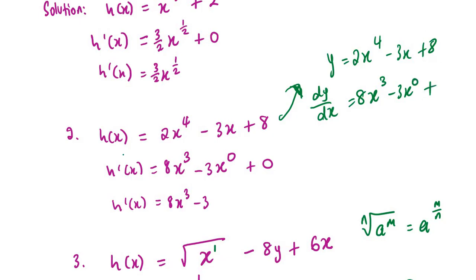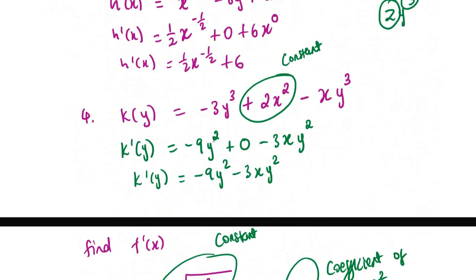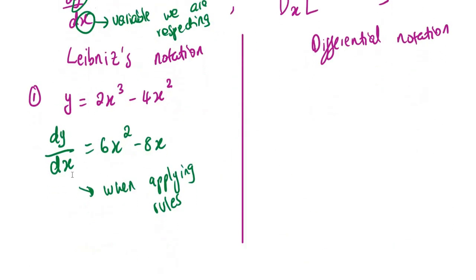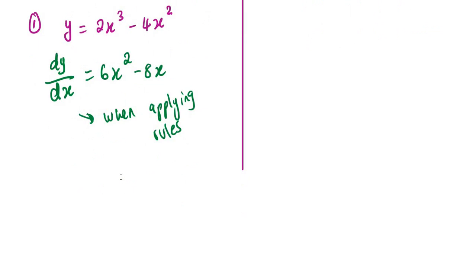Then a constant is simply 0. So my dy over dx would be equal to 8x cubed minus 3. So all those problems we did, dy over dx just works in a similar way as f prime of x or k prime of x.